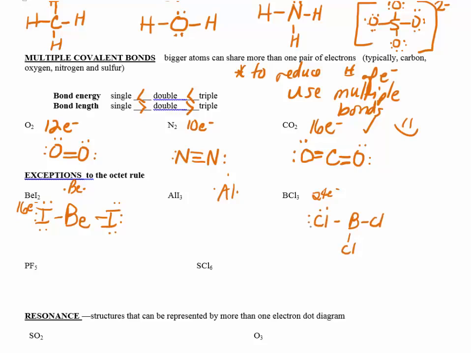Then each chlorine wants to have 8. So counting, 2, 4, 6, 8, everything wants 8. When I go back and count, 2, 4, 6, 8, 10, 12, 14, 16, 18, 20, 22, 24, 26.